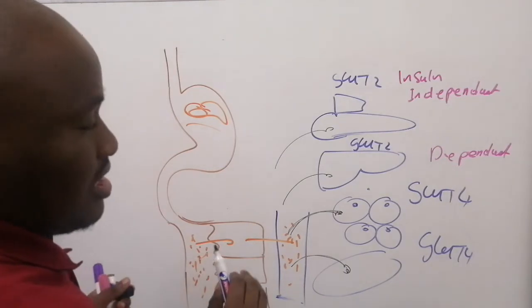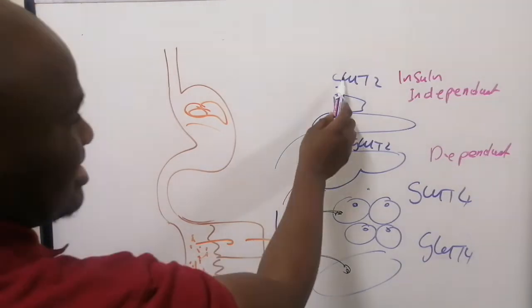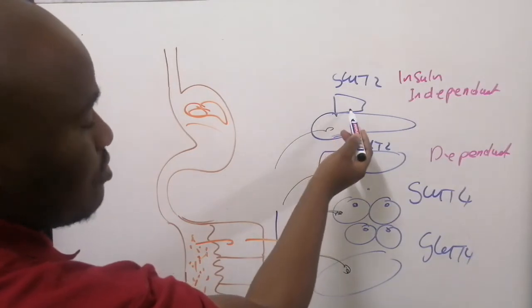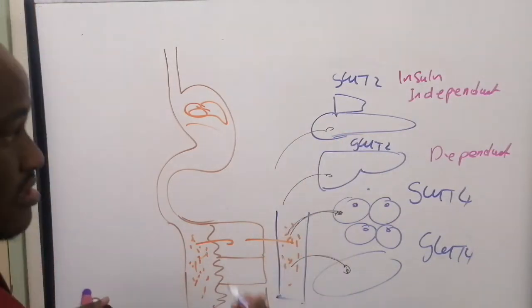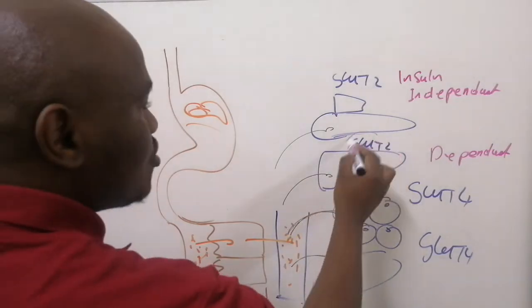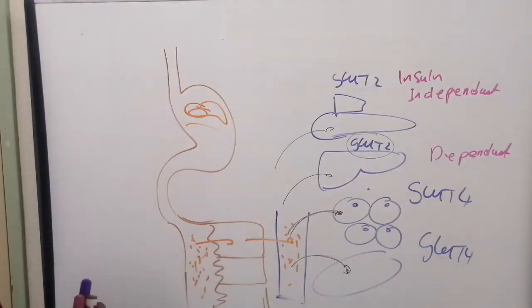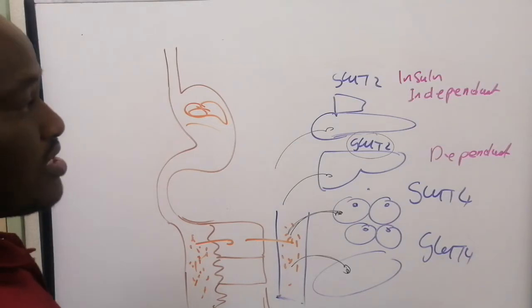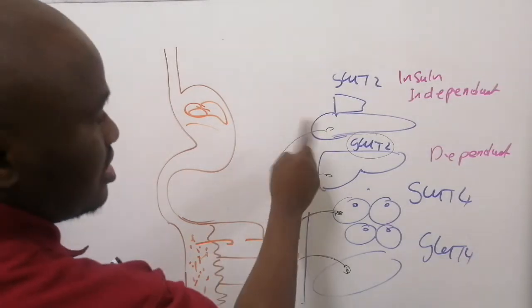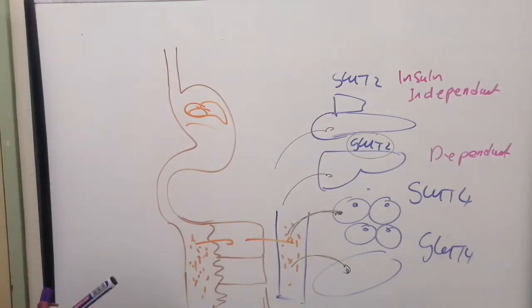As much as diabetes does not affect the GLUT2, because we are still able to uptake glucose into the beta cells and also into the hepatocytes, GLUT2 is not so potent, it doesn't really cause a lot of glucose to move into these two organs.